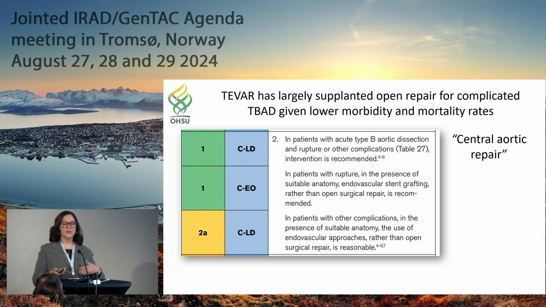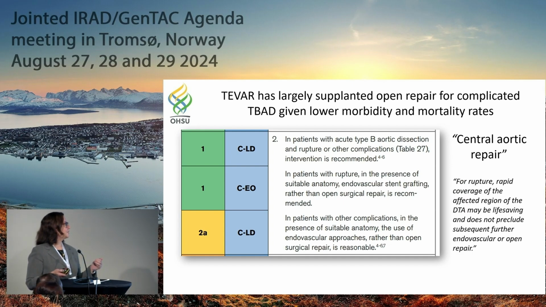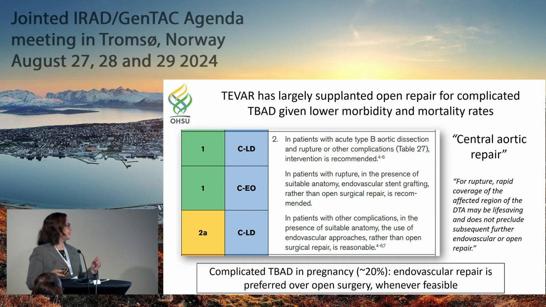Now we have TEVARs, so that has changed. It's been a game changer for that population. And this is a sentence I copied directly: when you treat rupture with a TEVAR, you're not burning any bridges, you are still setting yourself up for subsequent repairs. That's important to keep in mind.